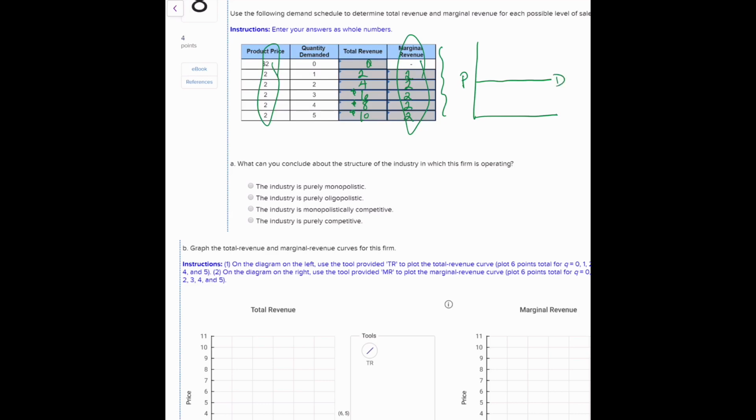In fact, some people refer to this curve itself as MR DARP to tell the whole story. So MR marginal revenue, D demand, AR average revenue, P price. So you might hear it referred to that way. It might help you remember all of those things are true about that curve. So what can we conclude about the structure of the industry? And that is that it is purely competitive. So that gives it away, that the marginal revenue and the price are constant, unchanging.